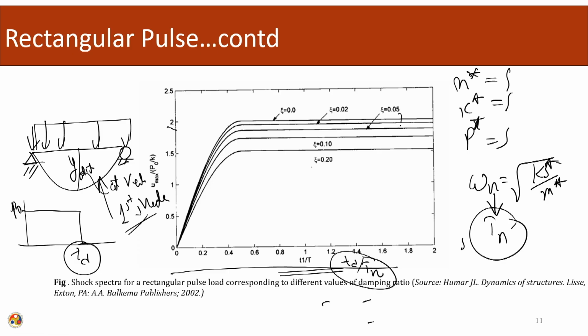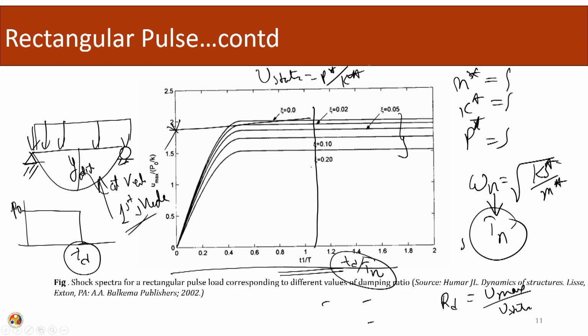Depending upon how much damping we are assuming, we can take that particular value and read out the value from this chart. So we will have the value of Rd, which is nothing but U max divided by U static. U static we will calculate using P star over K star. So we have our K star, P star, we calculate our U static, and from U static we can calculate our U max.